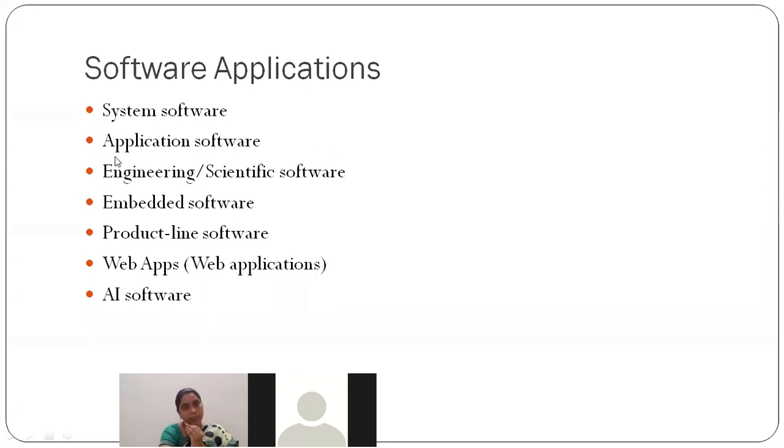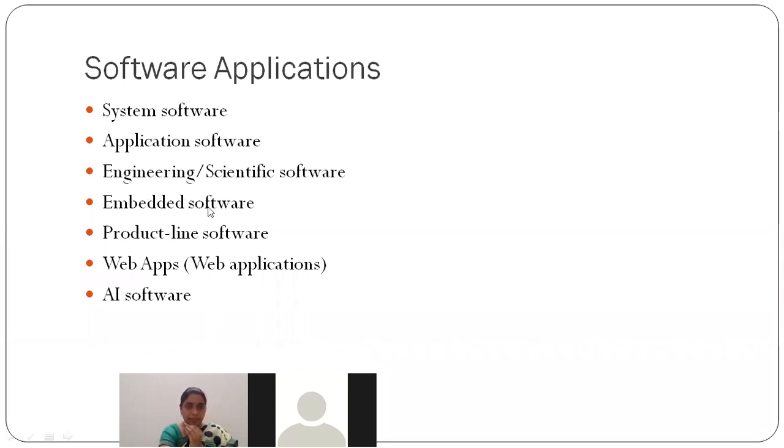So these are particularly related to the engineering field, and similarly to the scientific field. It can be astrology-related software, volcanology-related software, industry automation software, molecular biology software, anything of the scientific field. So all the software related to those particular fields comes under engineering or scientific.